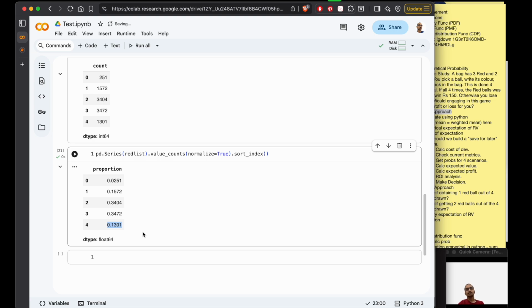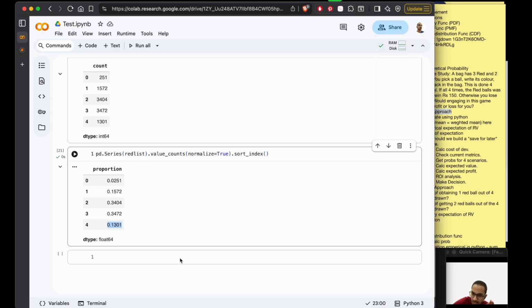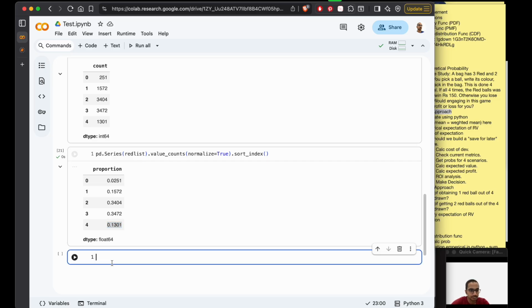So now what do we do with this data? Let's calculate the mean of this one. Let's calculate what is the average number of times we are getting red from these proportions.